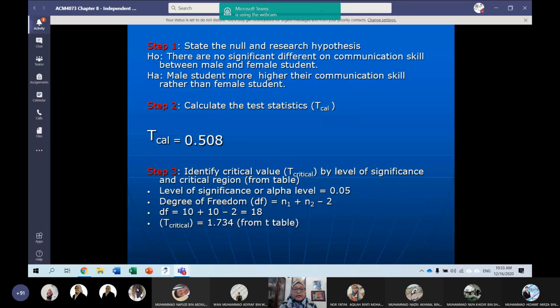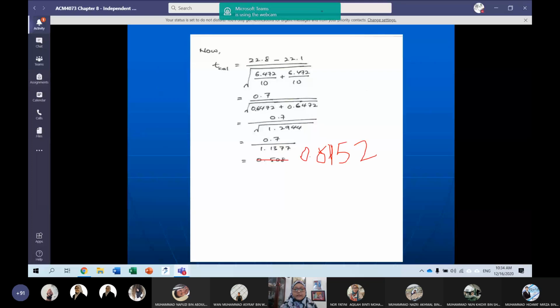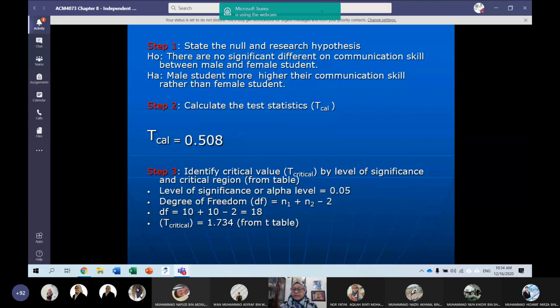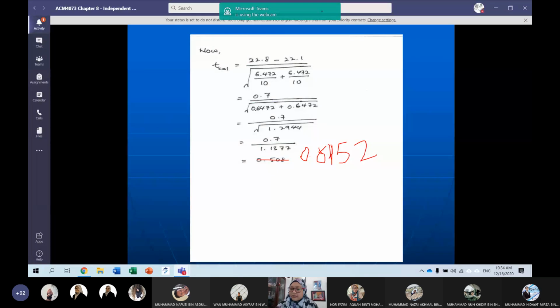Now let's go back to our T-cal. This is the T-cal, 0.6152.